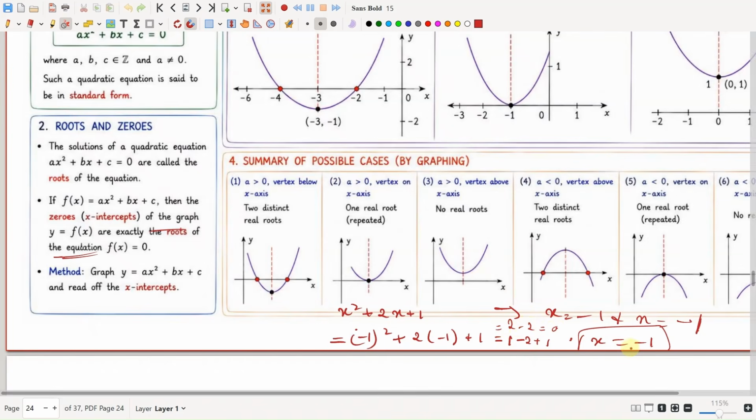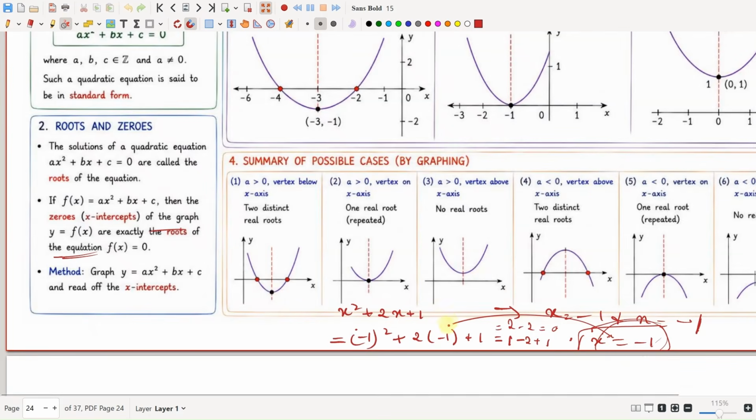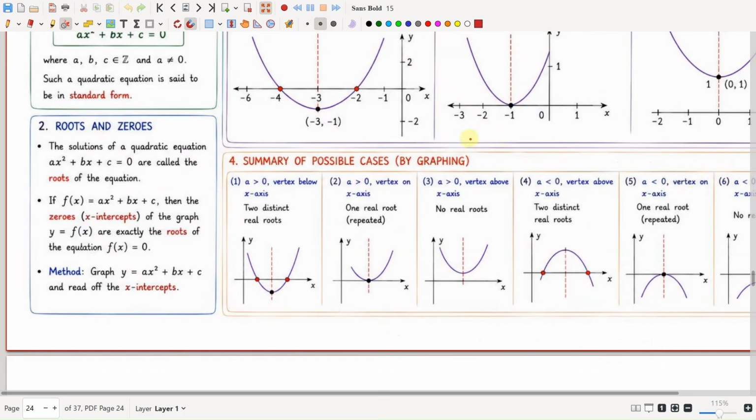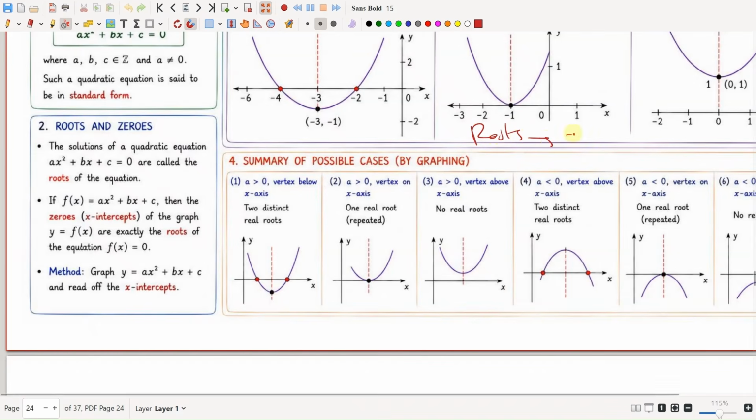So whenever I substitute the root values into the quadratic function, I get the value 0. So these roots are what we call the zeros of the graph, or zeros of the quadratic function.